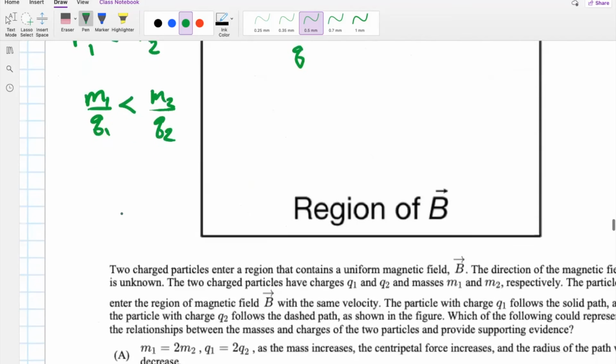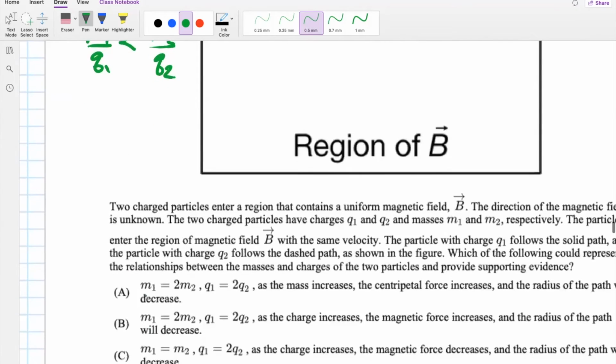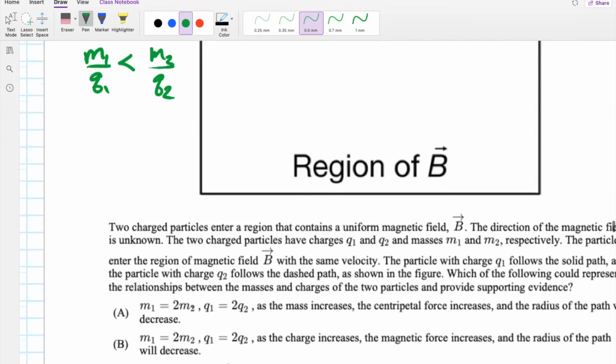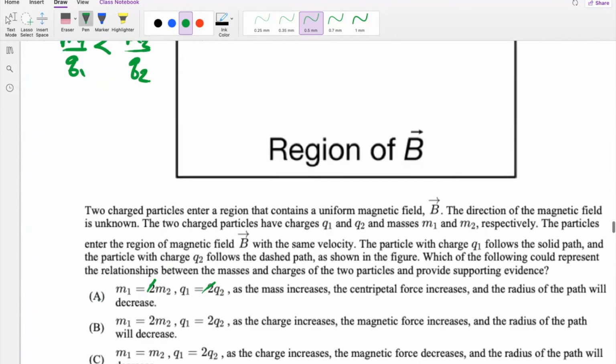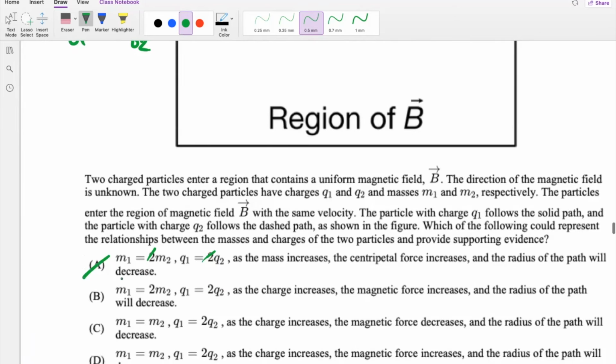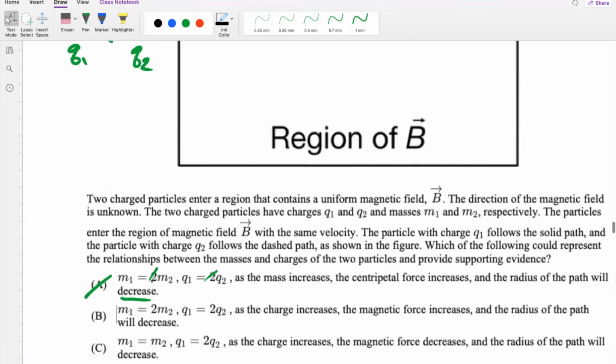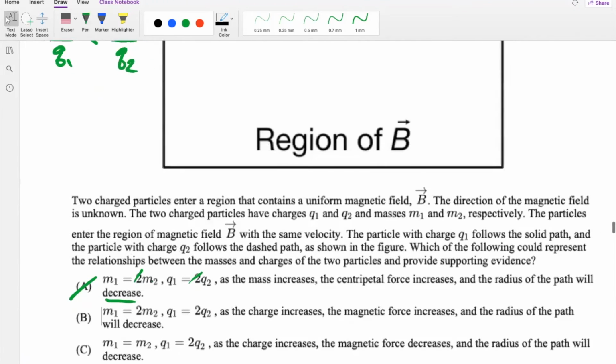Okay, so let's see here. M1 equals twice M2 and Q1 equals twice Q2. If that happens, those proportionalities of 2 over 2 cancel, and that's going to give us the same radius of curvature. So that's not going to happen. The radius of curvature will not decrease if that is the scenario.